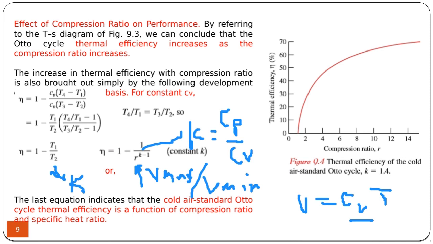If you take a look at the variation of efficiency of the system with respect to compression ratio, you will see that as the compression ratio is increased, then efficiency increases also. Even though it seems that we can increase the compression ratio almost infinitely, there are some limits to it.